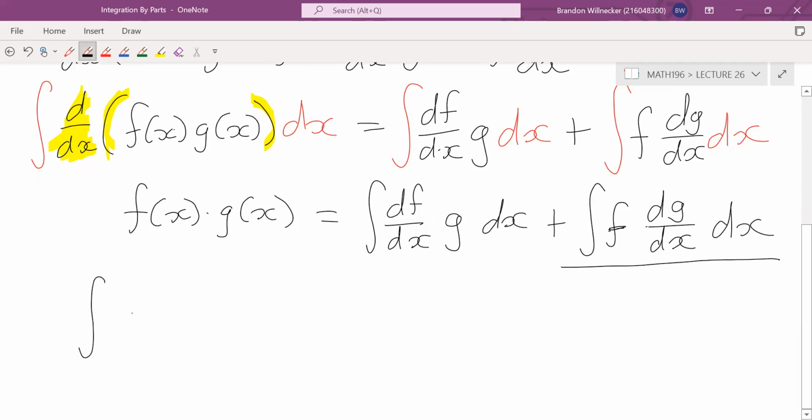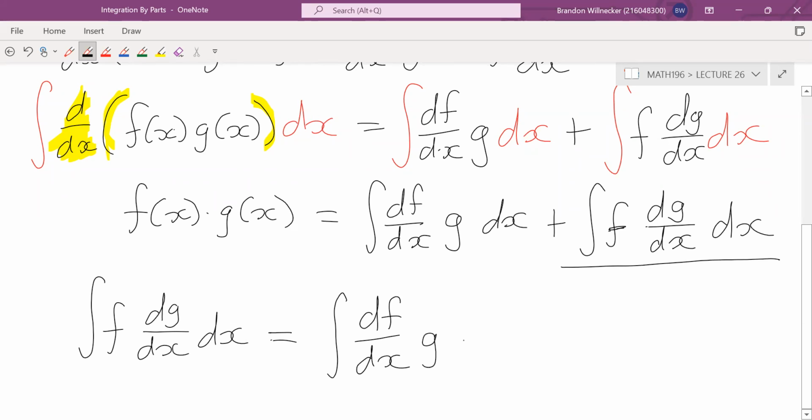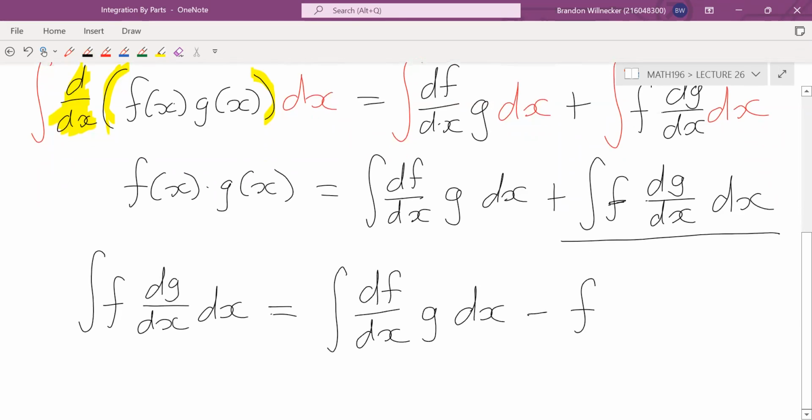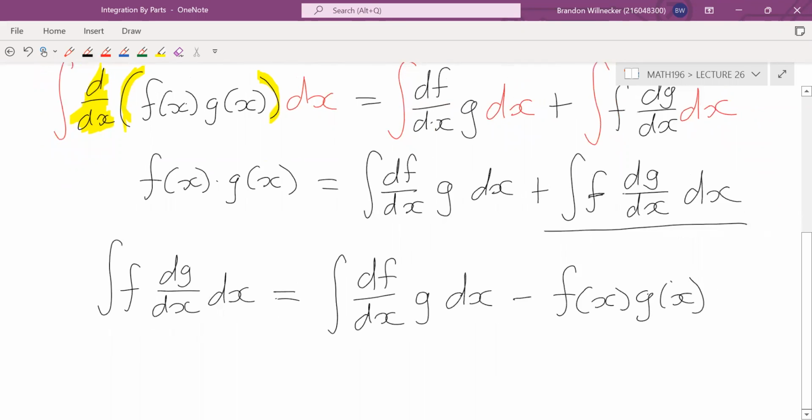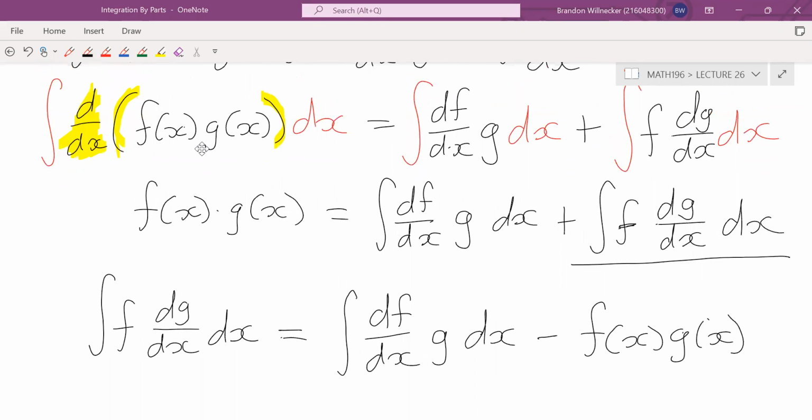We have the integral of f dg by dx dx is equal to the integral of df by dx times g dx minus f of x times g of x.